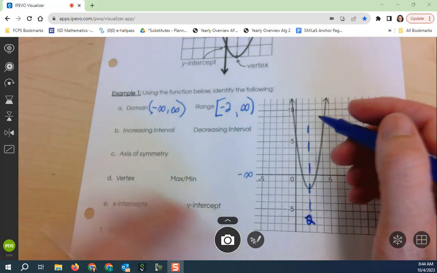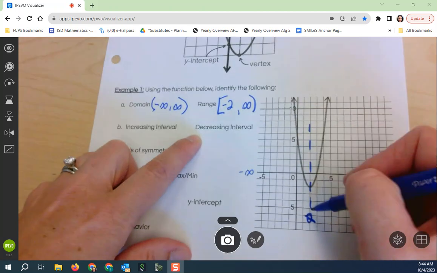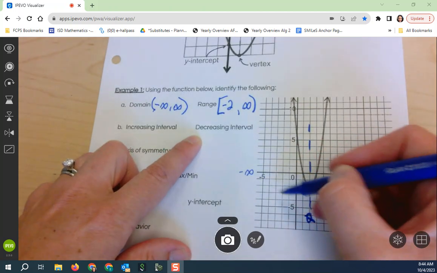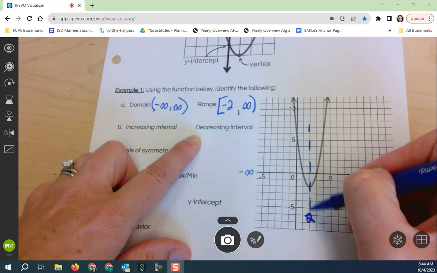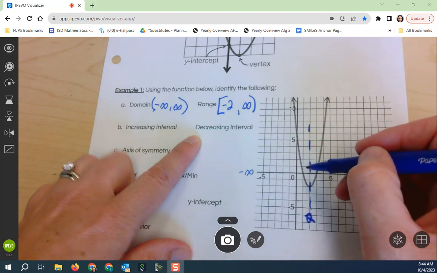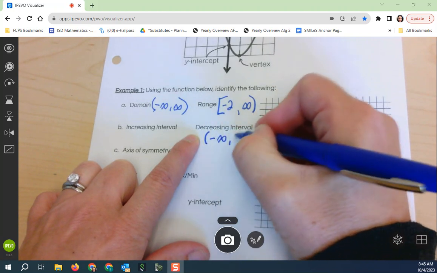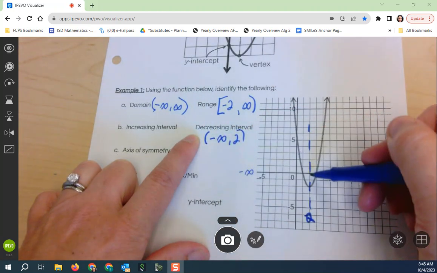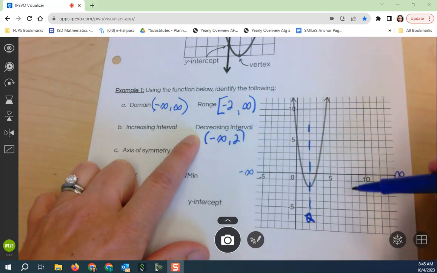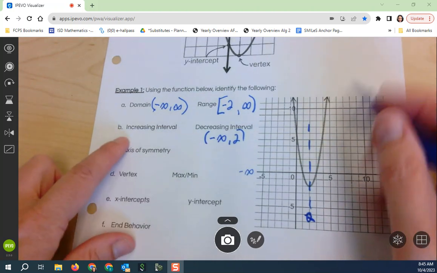All right, so increasing and decreasing. We said first it's decreasing from negative infinity until what x value? 2. So remember, increasing and decreasing, we use x values. Negative infinity until 2. From here to here, decreasing. Then it starts increasing.